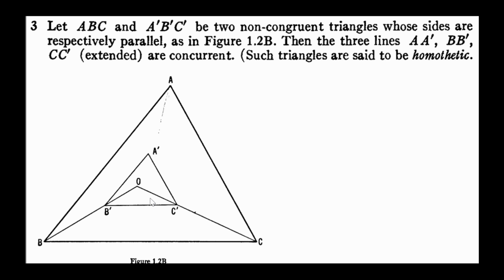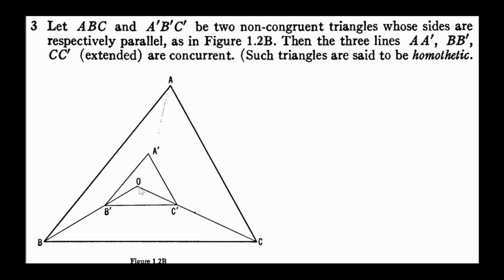We are given that BB dash and CC dash meet in O. Join A to O, and let us assume that AO meets A dash B dash in A1 dash.